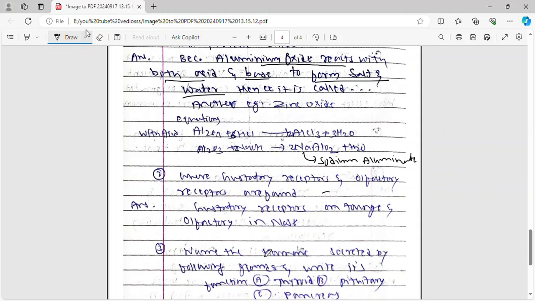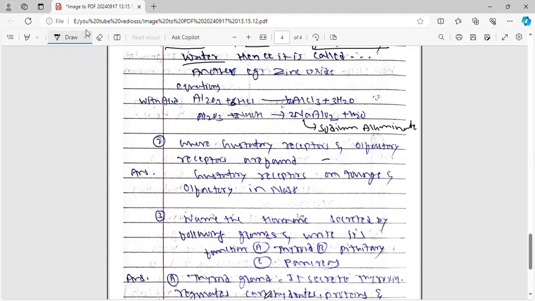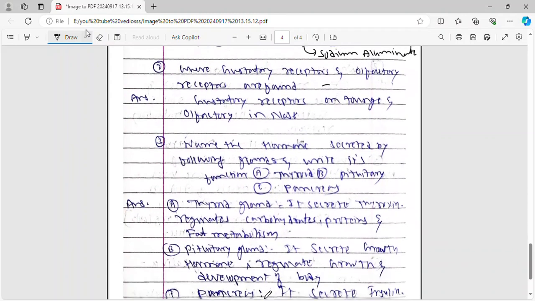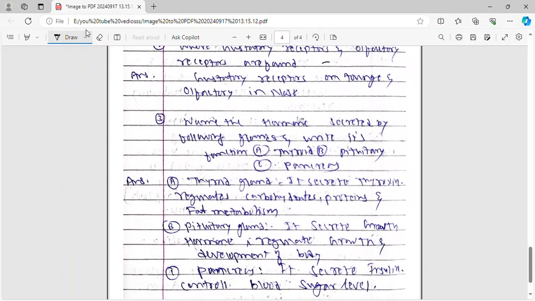Name the hormone secreted by the following glands and write one function. The thyroid gland secretes which hormone? Thyroxine. Thyroxine regulates carbohydrate, protein and fat metabolism. Next is the pituitary gland, which secretes growth hormone, and it regulates the growth and development of the body.